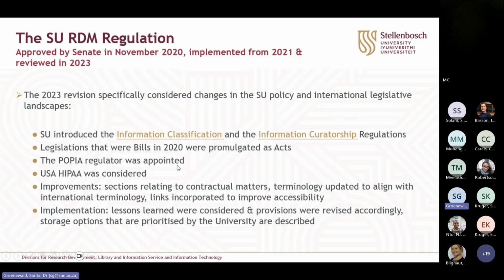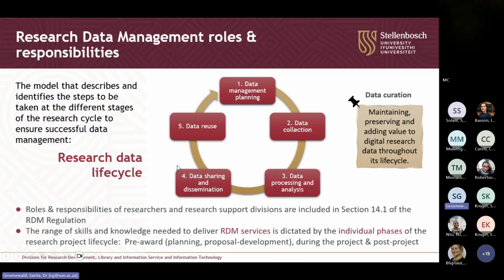So when we look at the roles and responsibilities of people at the university in the research data management activities, we have to look at the model that describes and identifies the steps to be taken at the different stages of the research cycle. And that cycle is called the research data life cycle.